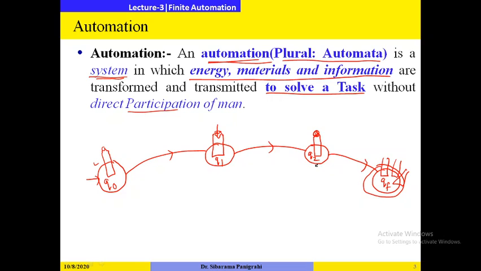Now you see, it is a system. System means a set of components which interact with each other to solve a particular task without direct participation of man. Man will not directly participate, but indirectly man has to switch on the system so that the system will work.